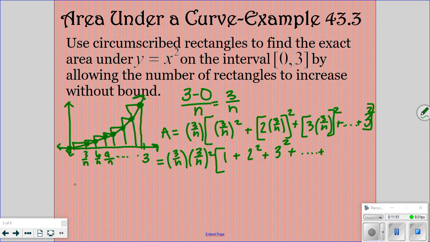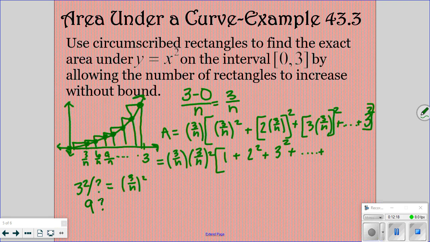So we took 3 squared times what will give us 3 over n squared. We're trying to see what do we have to pull out to make it so that it equals 3 over n squared. So basically, that's going to be 9.